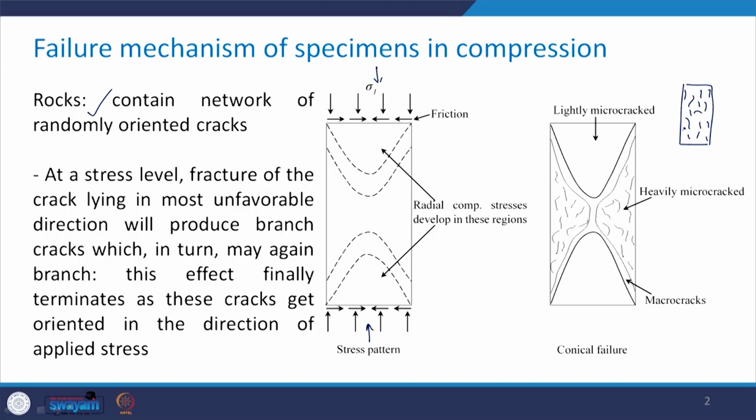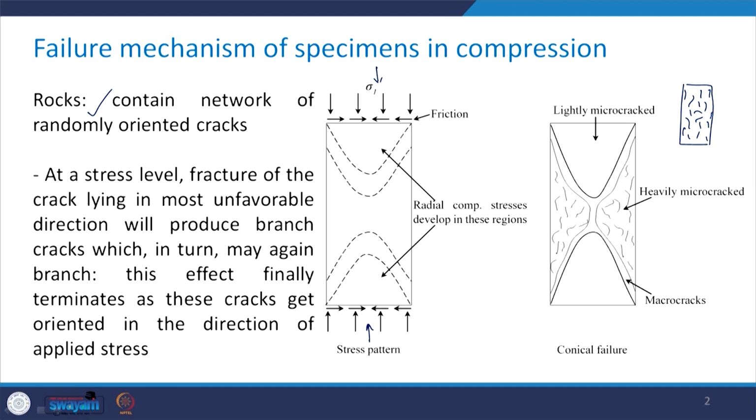This is called the branching effect, and this effect will finally terminate as these cracks get oriented in the direction of applied stress. So you see that earlier, if this is the specimen, the cracks are oriented in any kind of fashion, most randomly.